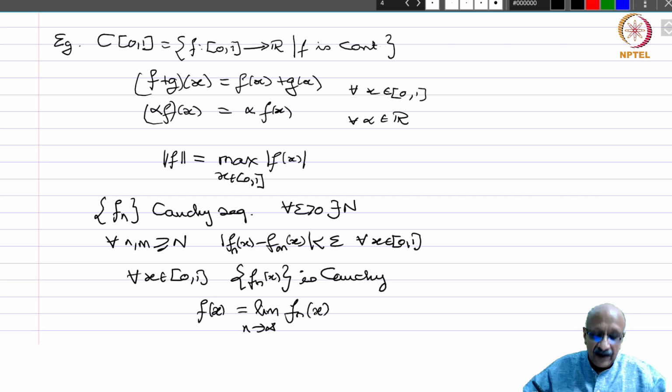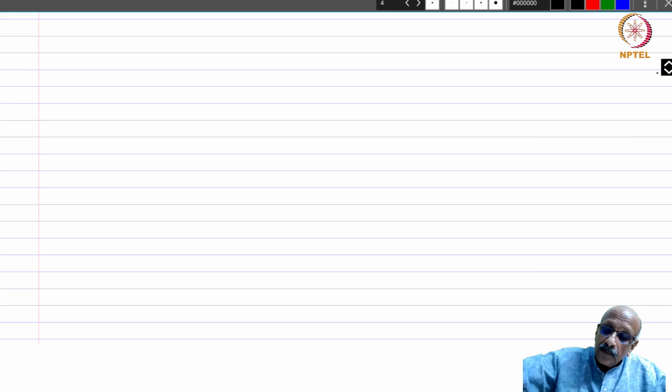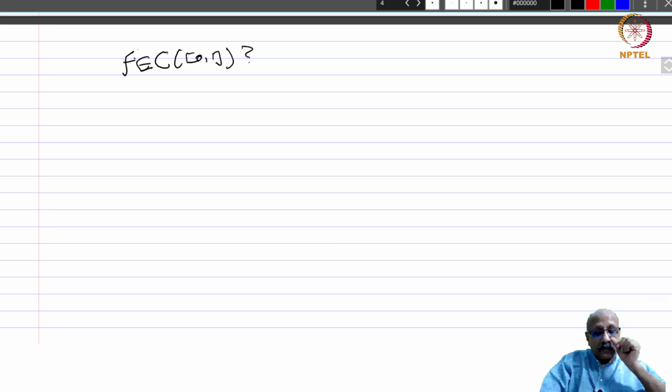So we have a candidate for the limit of the Cauchy sequence, and therefore we ask the usual questions: is the candidate eligible? So we want to know if f belongs to C[0,1], and that is the question which we have to answer.